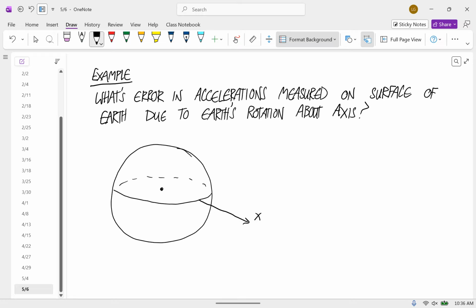And we'll have an x-axis like that, a y-axis like that, and a z-axis like that. And the Earth is rotating this way if the top is north. And you know it's rotating this way because the sun rises in the east.